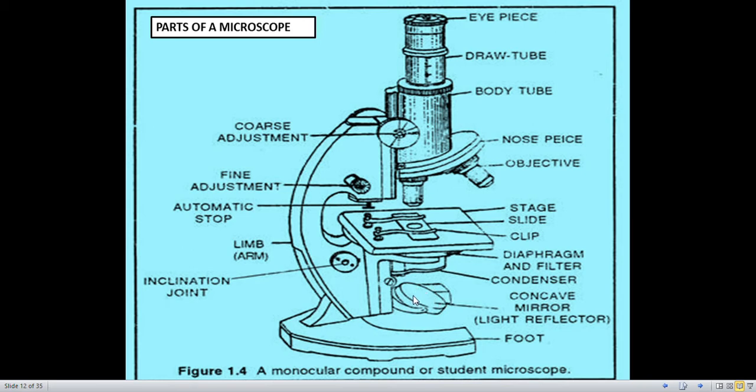It's a light reflector. We use light energy as the source. So we use a concave mirror or a plane mirror to get light. These are the main parts of a compound light microscope.